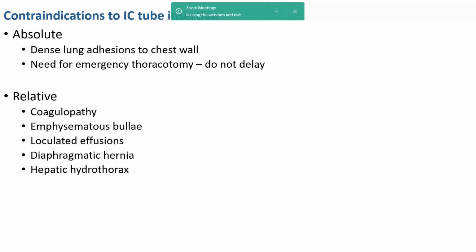They should be managed with repeated aspiration. If you insert an IC tube, you won't be able to remove it, and that's the problem, so they don't recommend inserting one. Their physiology is different, and the reason for fluid accumulation cannot be alleviated just by an IC tube.